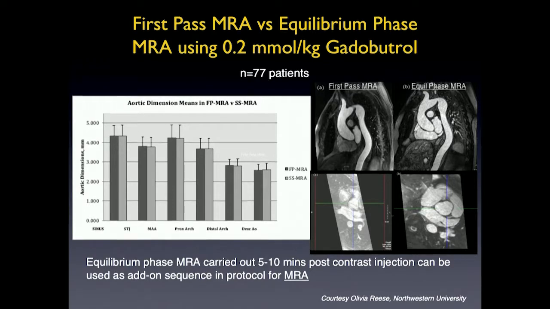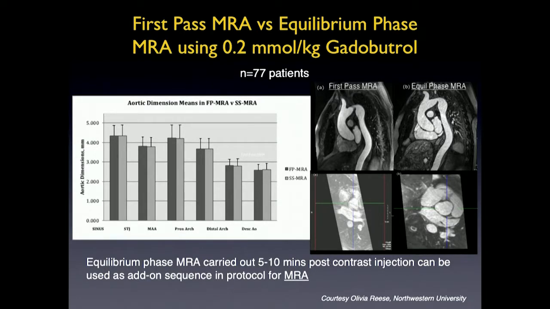This is a study we did at our institution comparing first pass MRA with gadabutrol to an equilibrium phase MRA on the right. So this is taking advantage of the high relaxivity of gadabutrol, where you can kind of simulate what we used to do with blood pool agents, but because you've got higher relaxivity, the agent sticks around quite a bit longer.